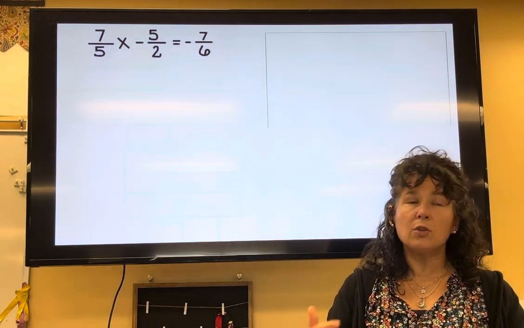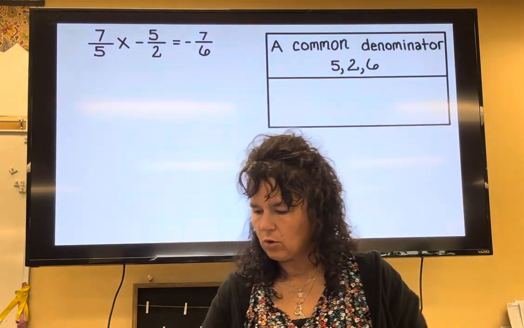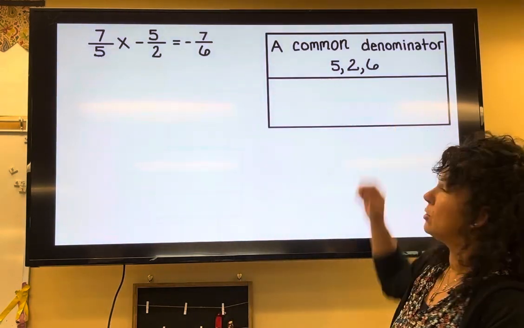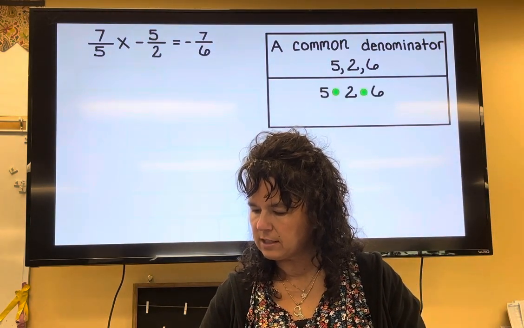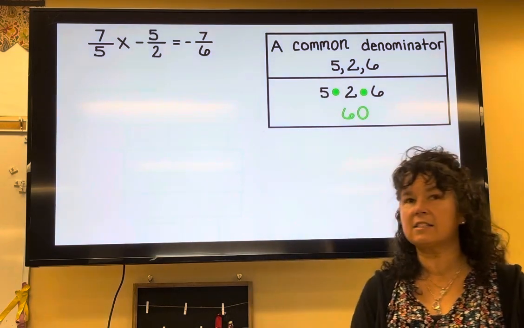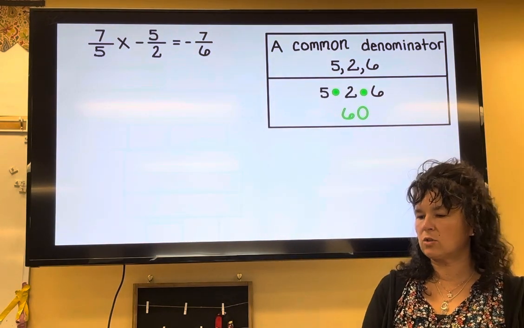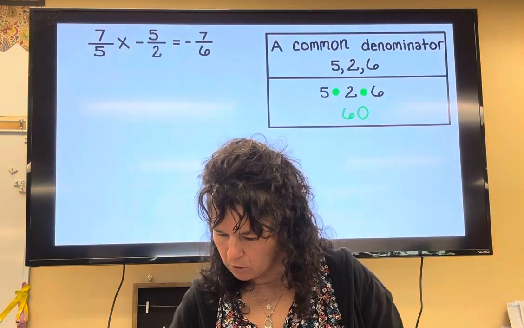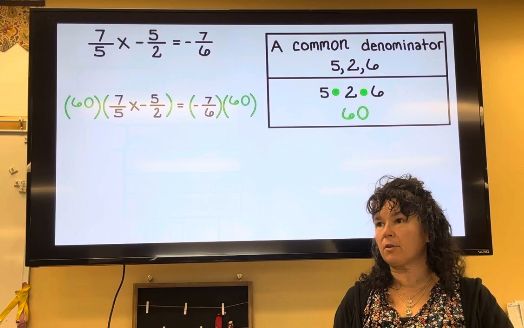So I'm gonna go ahead and do that just so you see the contrast. It's really not that different. So I quickly take the numbers 5, 2, and 6, and I multiply them together, and that gives me 60. If you remember, last time we used 30. Okay, so I'm going to multiply both sides by 60 instead of multiplying by 30.